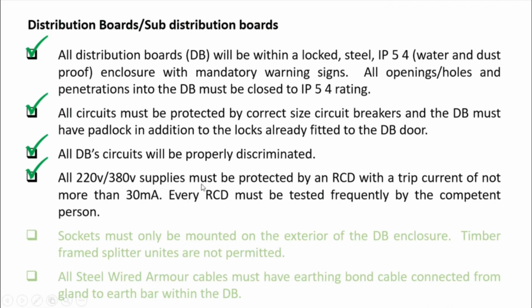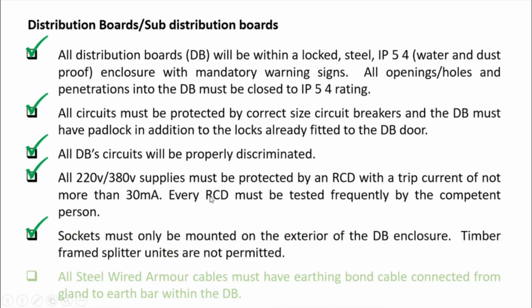As I discussed, what is the competent person? Sockets must only be mounted on the exterior of the DB enclosure. Timber frames, splitter units are not permitted. All steel wire armored cables must have an earthing bond cable connected from a gland to the earth bar within a DB.